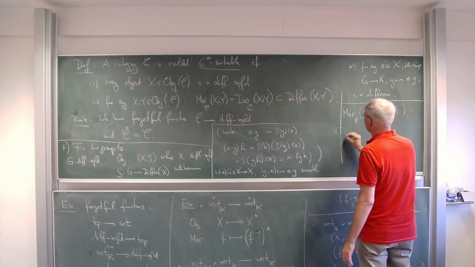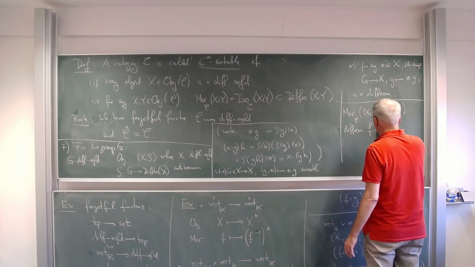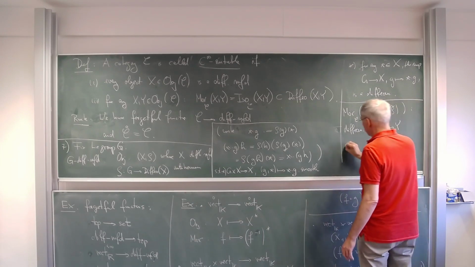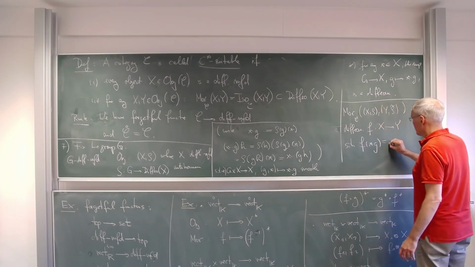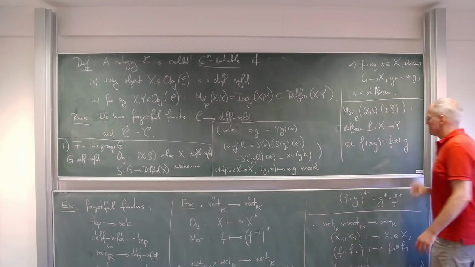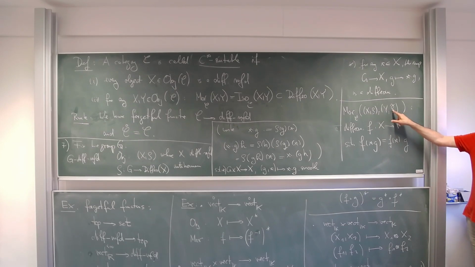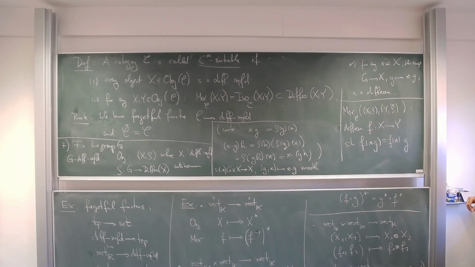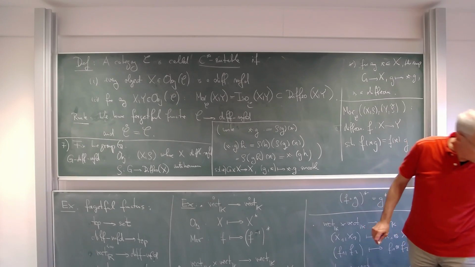So that is a diffeomorphism F from X to Y such that F of X dot G is equal to F of X dot G. So here this dot comes from the action on X, and this dot comes from the action rho tilde on Y. Is this clear? Okay, so that's another such category.